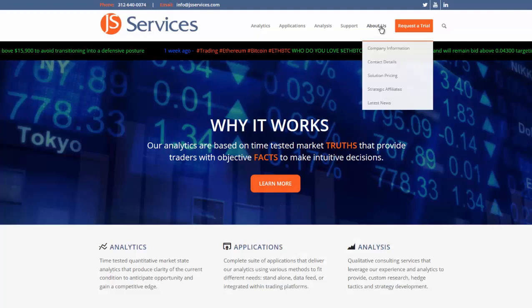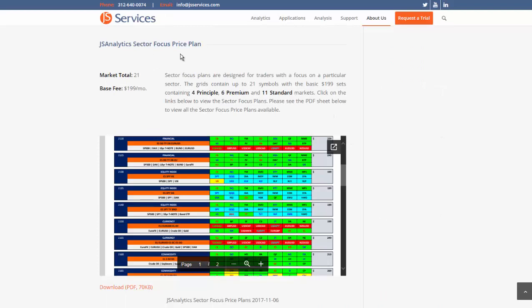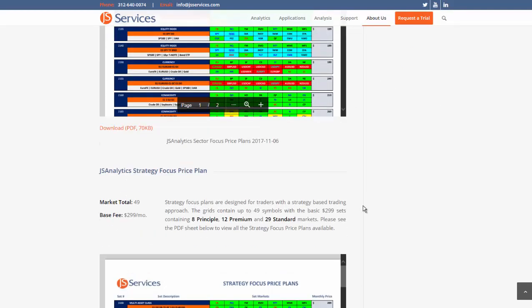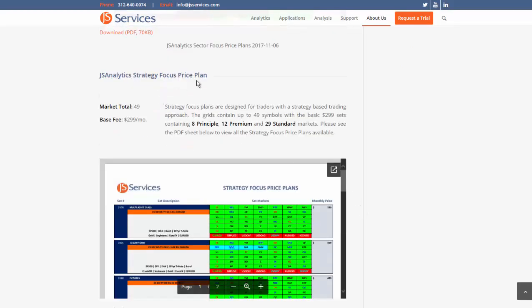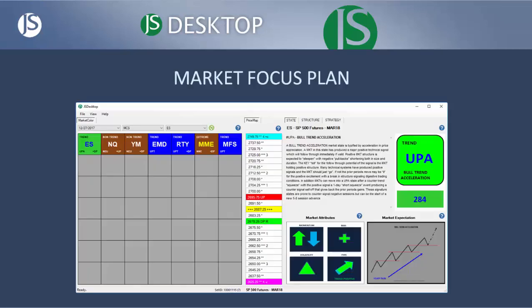Our solution pricing can be found under the About Us section, and we have three different types of plans: a market focus, a sector focus plan, and a strategy focus plan. Each plan is designed to fit the needs of different styles of trading. The market focus plan centers around one or two markets and will typically include supporting markets of confluence.